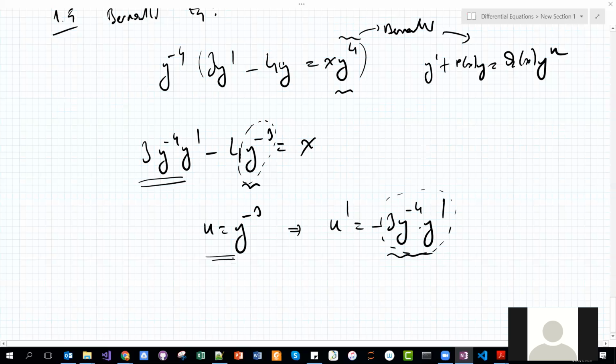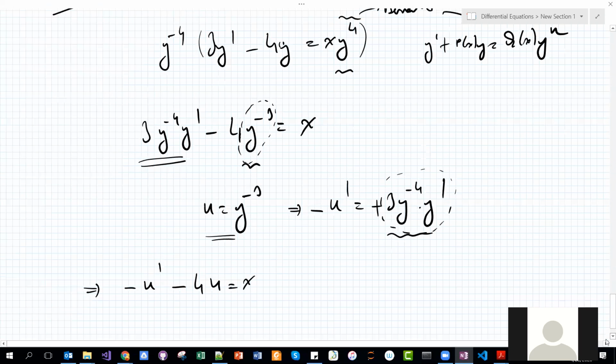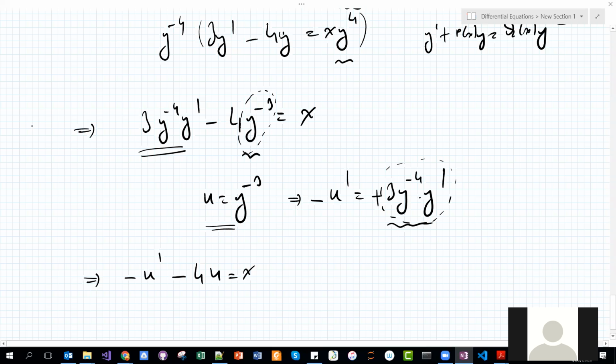That is why I chose this as a substitution term. Except for the negative, I can move this negative here. Now if I transform this into something with respect to the new variable, it is going to be negative u prime minus 4u equals x. Did you see what happened? I used that substitution. So Bernoulli now turned into a linear equation.